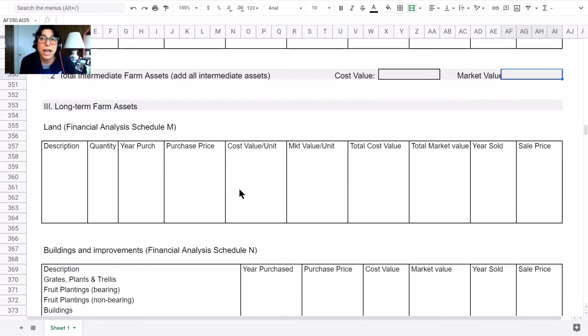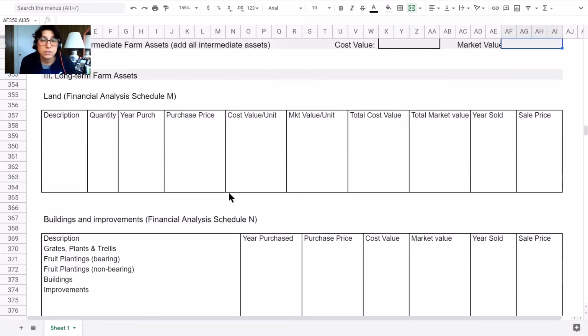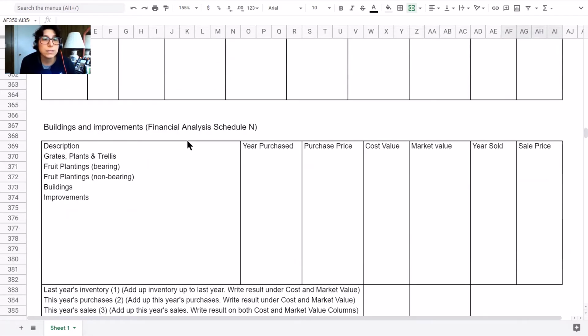Long-term assets include items of a more permanent nature, such as farmland, buildings and improvements, and co-op shares. Farmland should be listed showing the acreage and value of each parcel of land owned. And buildings and improvements, which are on the next table, should be listed and valued on this table.